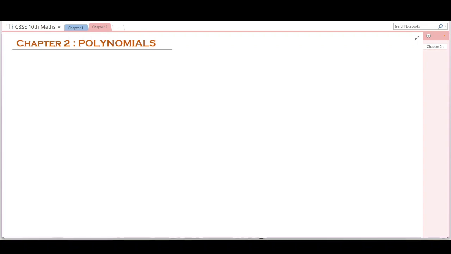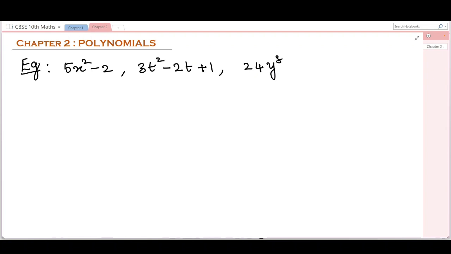So examples for polynomials are 5x square minus 2, 3t square minus 2t plus 1, 24 y power 8. So all these are examples for polynomials.